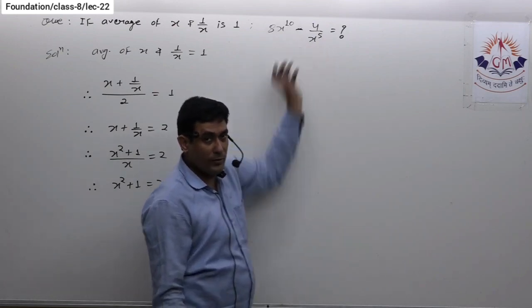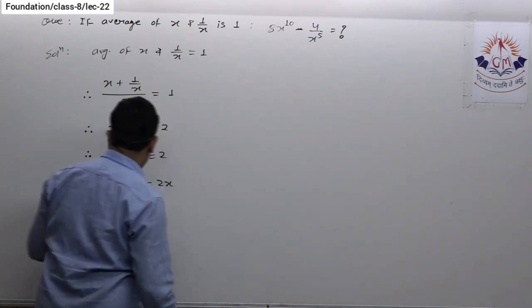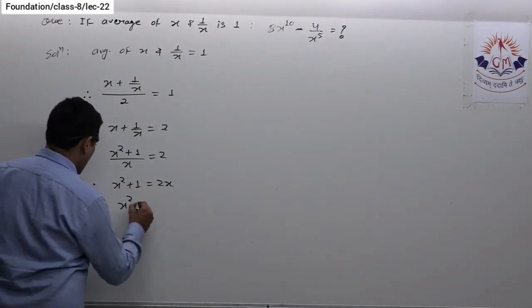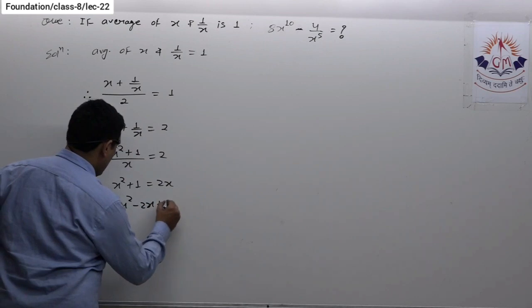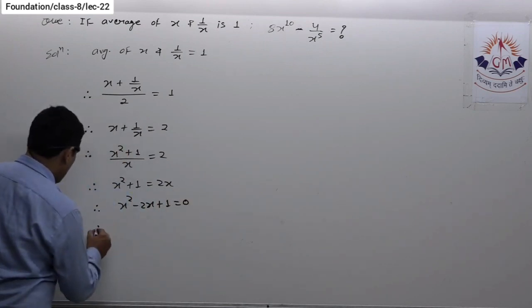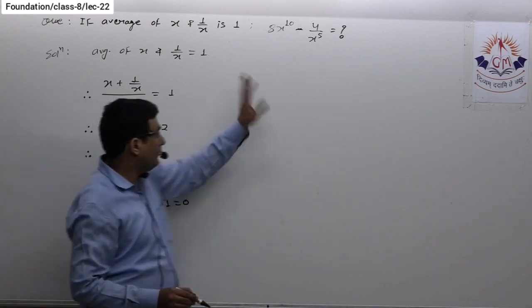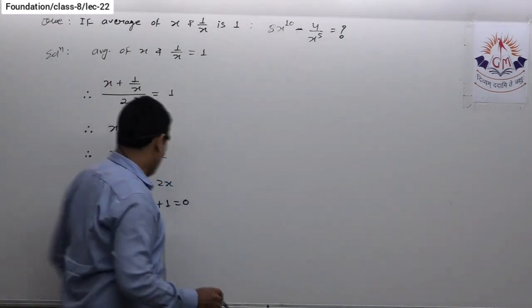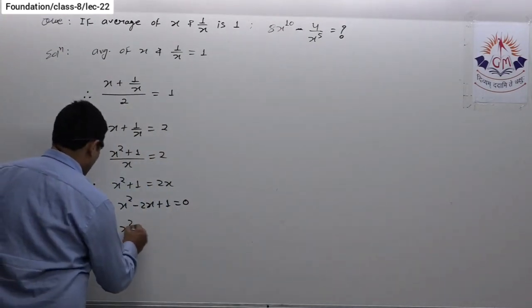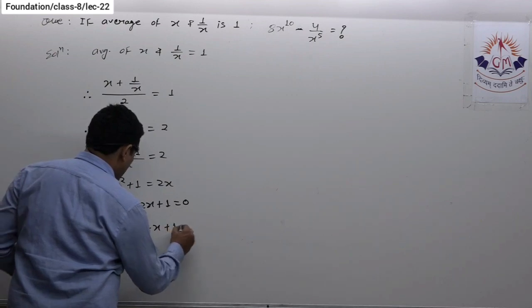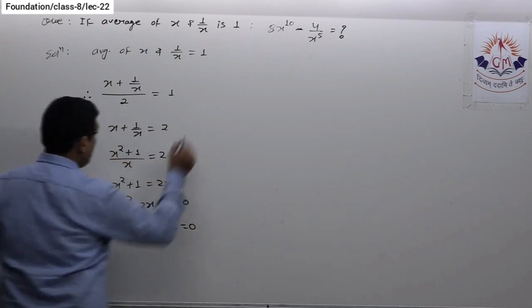Here this is a quadratic equation, so it's easy to get the value of x from this. After getting the value of x and putting it over here, definitely I am going to get my answer. So x square minus x plus 1 is equal to 0.